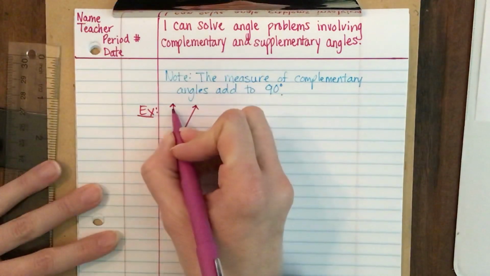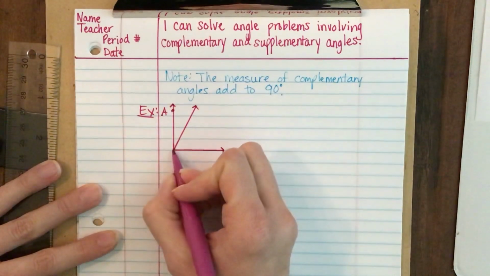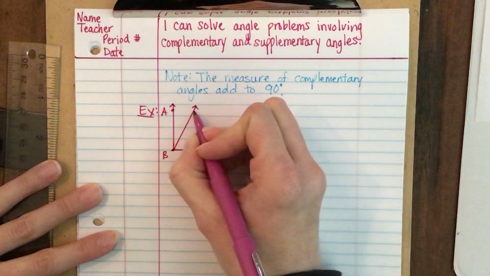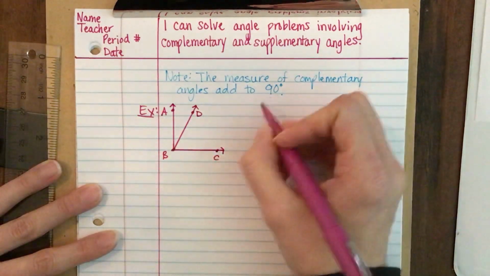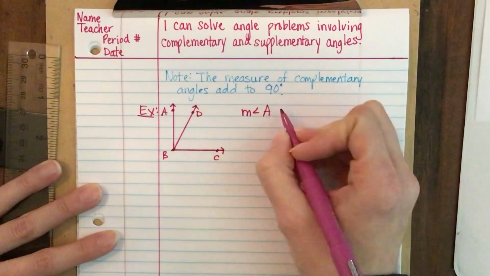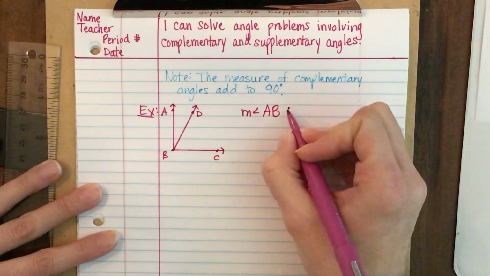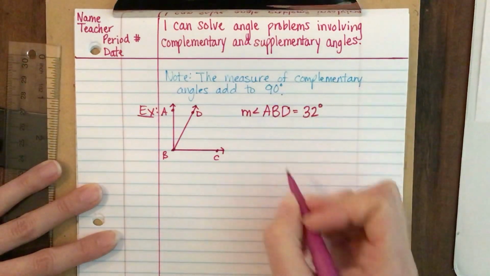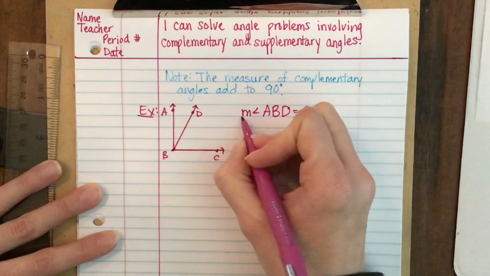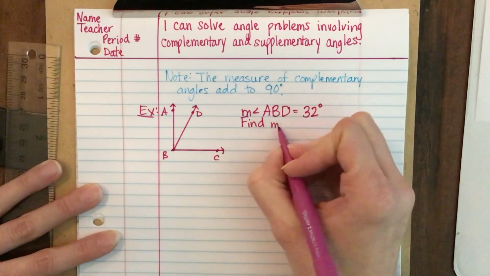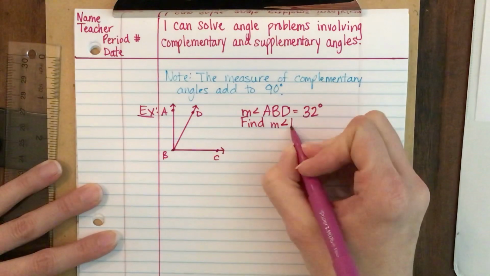Okay, we're going to give this a name. And this problem is also going to tell us that the measure of angle ABD is equal to 32 degrees. And we want to find the measure of angle DBC.